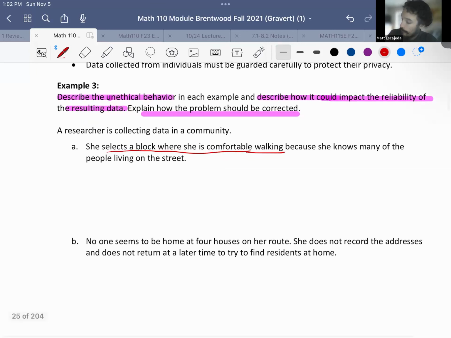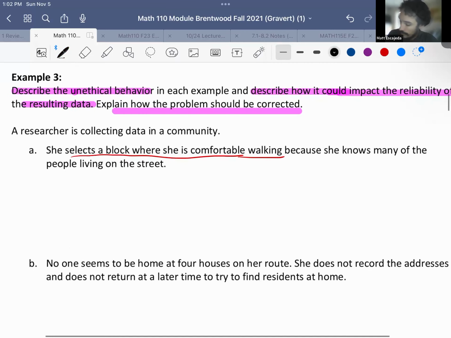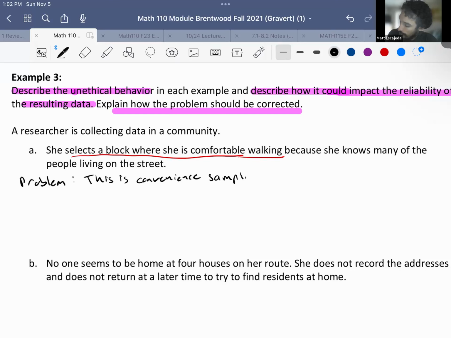So what we would say here is the problem: this is convenience sampling. It's also a small sample, and it's maybe biased because she knows people and she's comfortable.